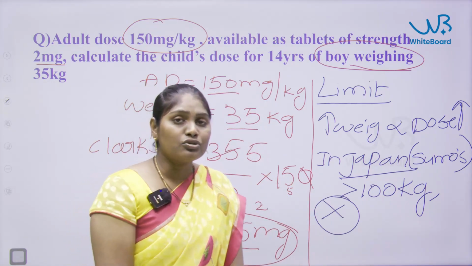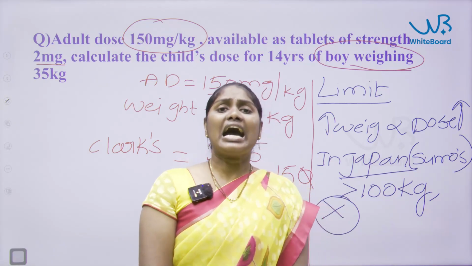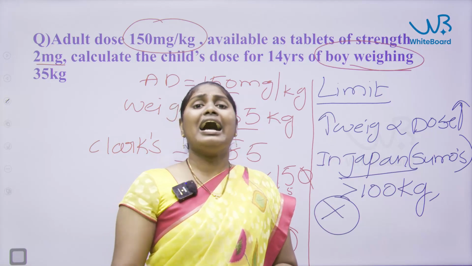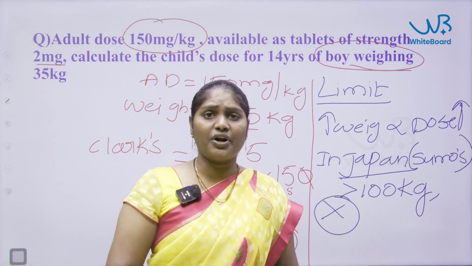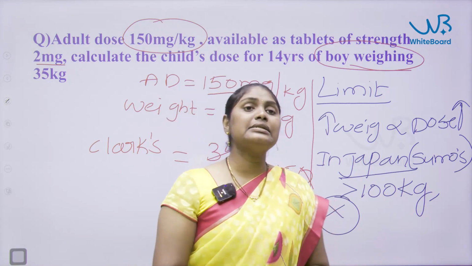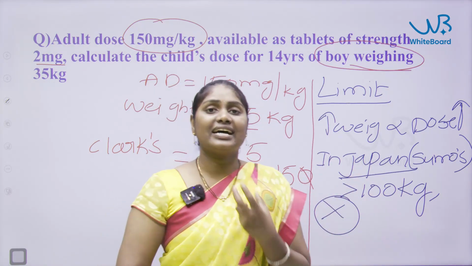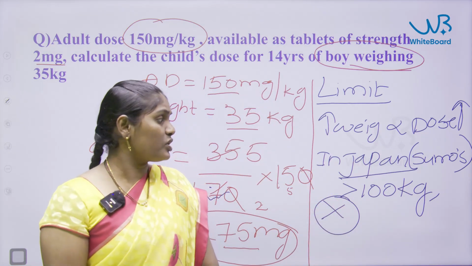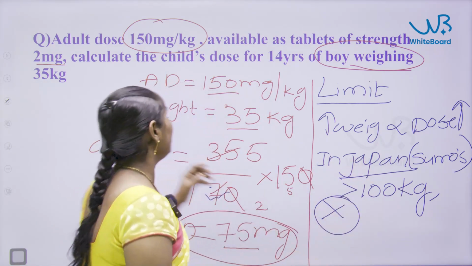If a child's weight is 100 kgs, it doesn't mean that all the enzymes are present in his body and all the systems are as active as in an adult. That is not the scenario. Because of that reason, weight is also not a correct measurement to calculate the dose. Okay, so that was the limitation based on weight.